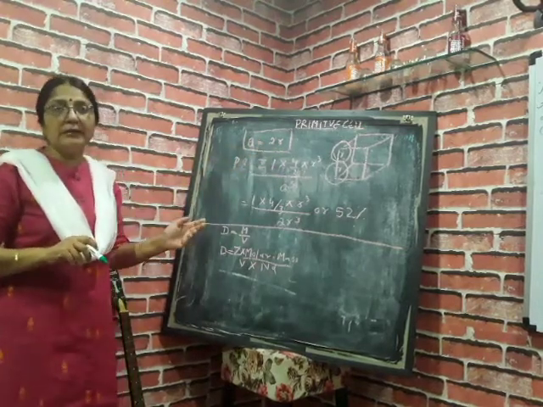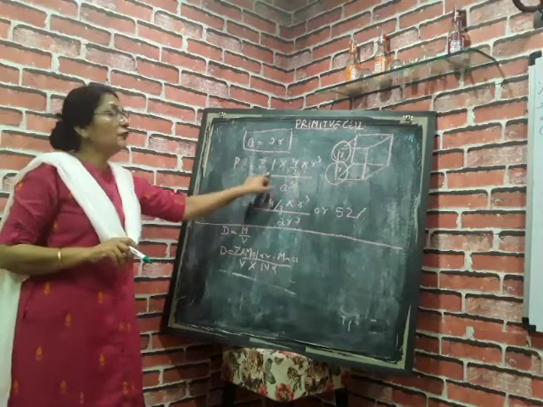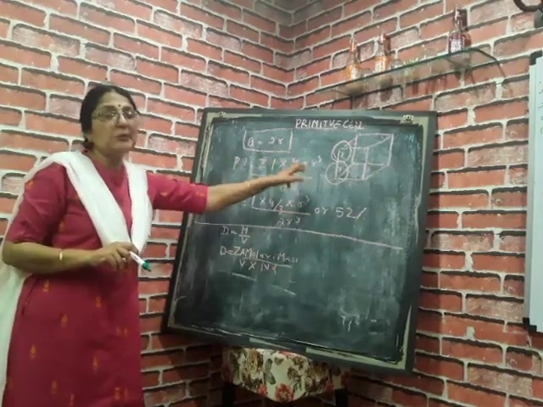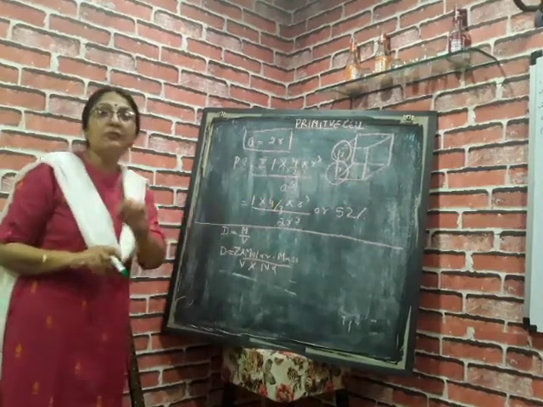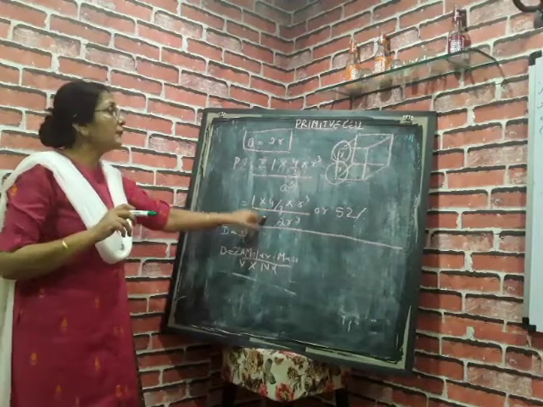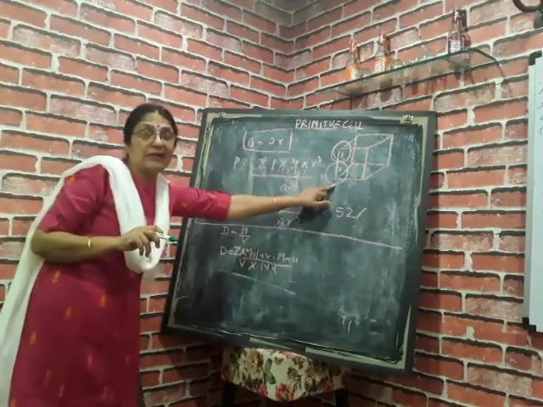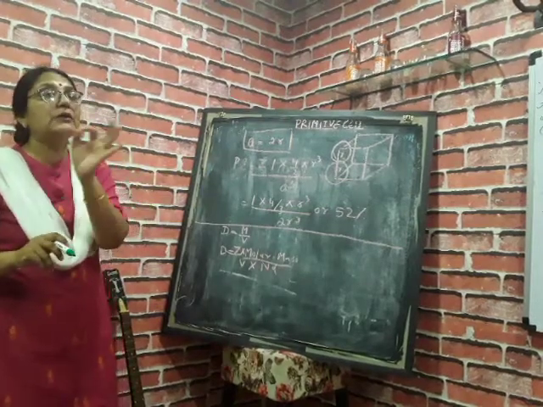Again the formula: packing efficiency percentage is Z into 4 by 3 pi R cube, the volume of the sphere, upon A cube, the volume of the cube. Now putting in the values, Z for primitive cell is 1, as we know 8 particles, 8 into 1 by 8 equals 1.